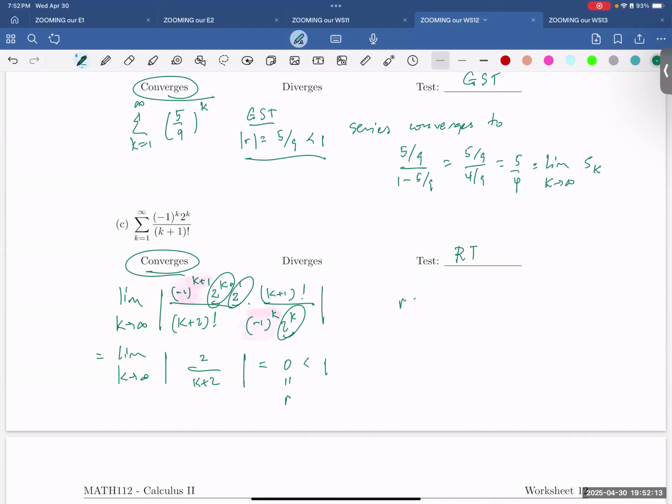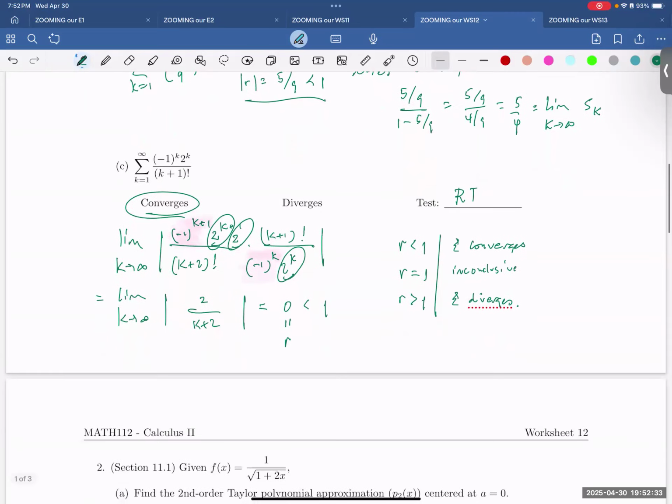It's our limit. If R is less than 1, the series converges. If R equals 1, we're inconclusive. If R is bigger than 1, the series diverges. Those are the conditions and conclusions of your ratio test.